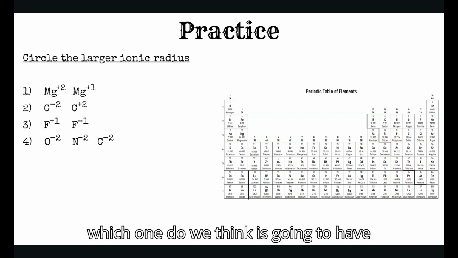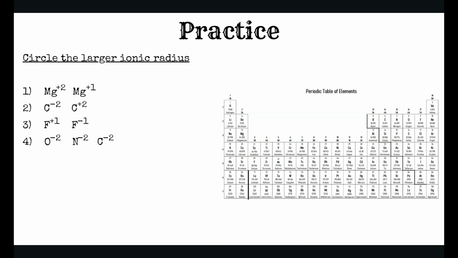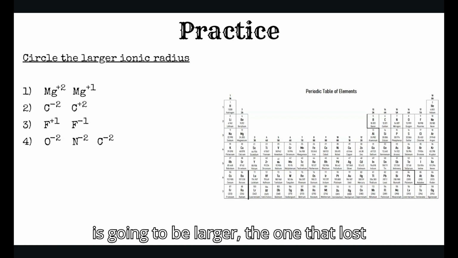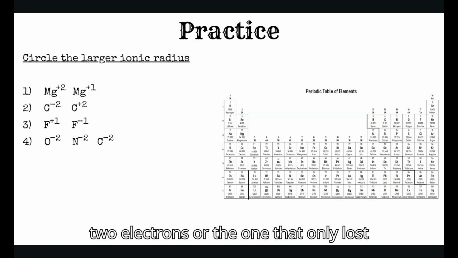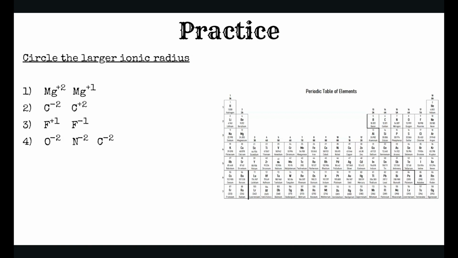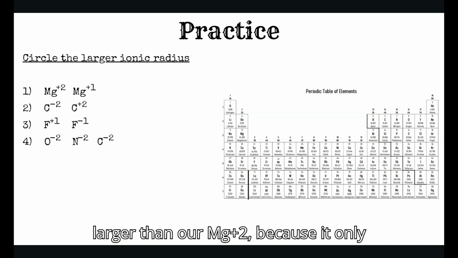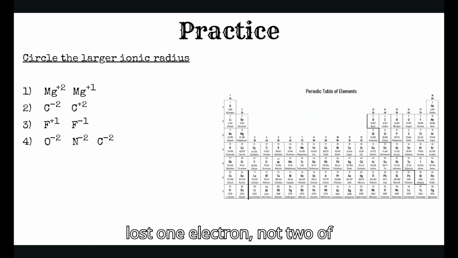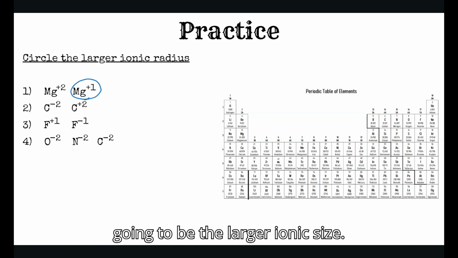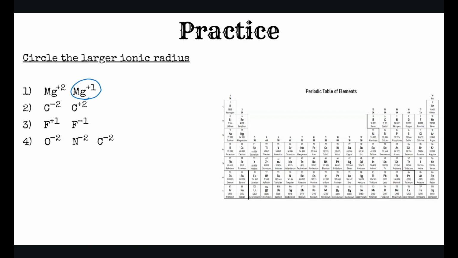So which one do we think is going to be larger, the one that lost 2 electrons or the one that only lost 1 electron? Because our Mg+1 only lost 1 electron, it is going to be larger than our Mg+2, because it only lost 1 electron, not 2 of them. So our Mg+1 is going to be the larger ionic size.